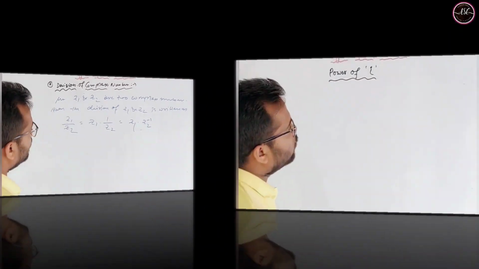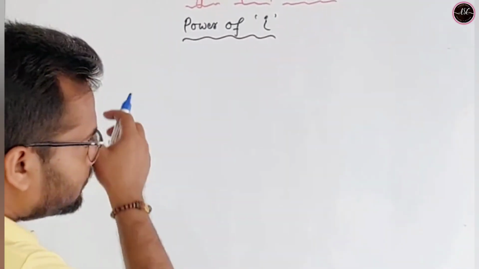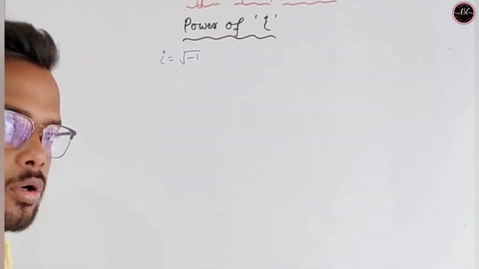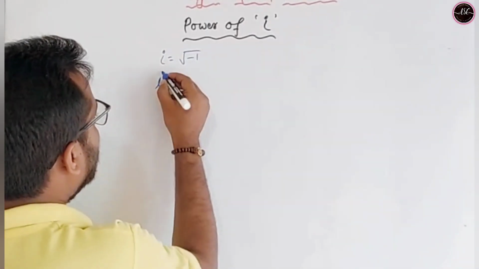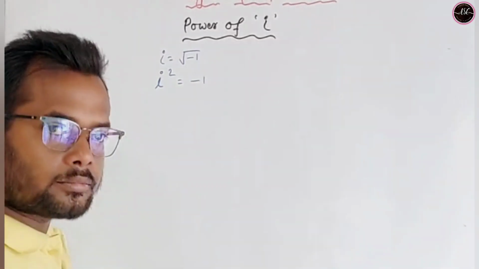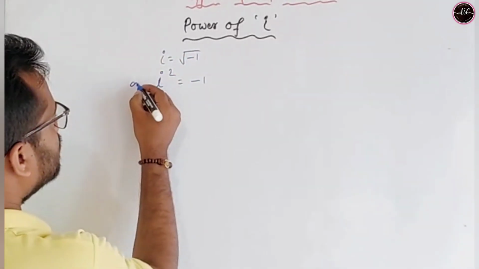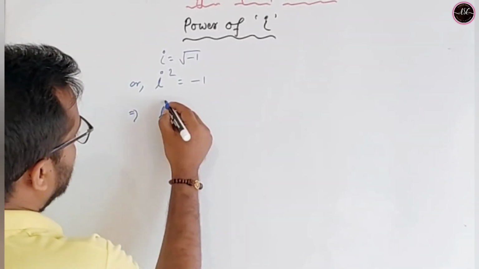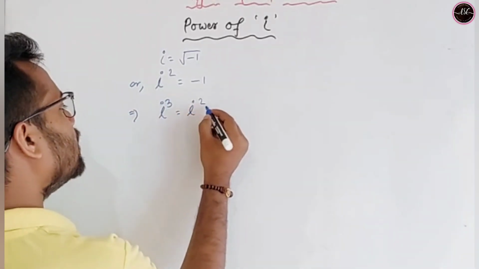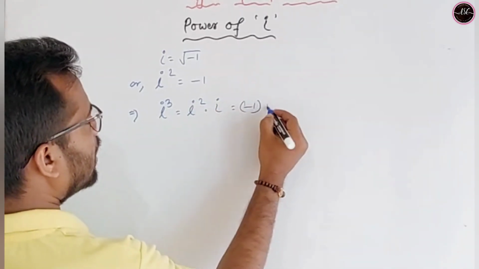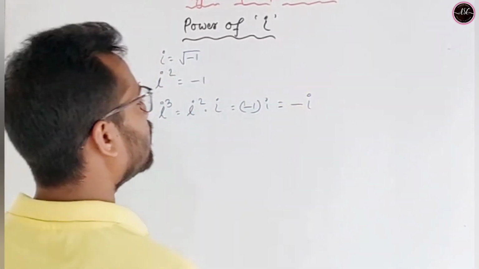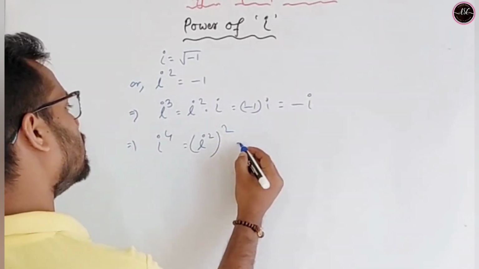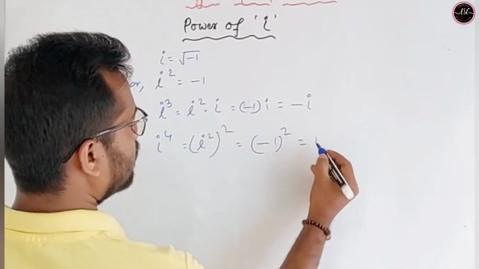Okay, we now know about the power of I. We have seen that I equal to root of minus 1. Okay, so I square equal to minus 1, just squaring both sides. Then I cube equal to I square dot I, that means minus 1 into I equal to minus I. Okay, and I to the power 4 equal to I square whole square, so minus 1 whole square, that means 1.